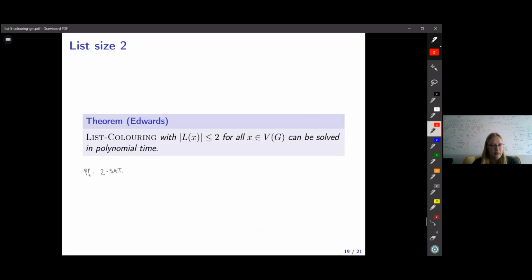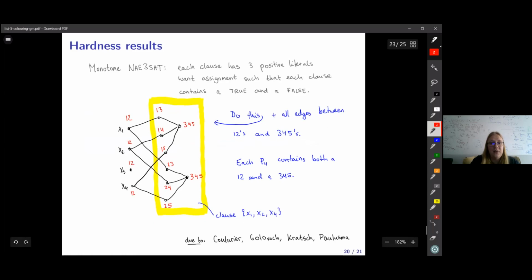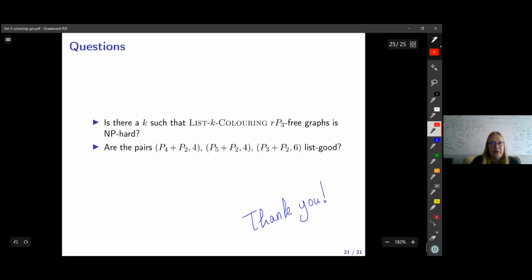And so that's not quite the truth, but that's roughly why list coloring, if all lists have size at most 2, can be solved in polynomial time. And that's it. I was going to show you NP hardness pictures, but let's not.